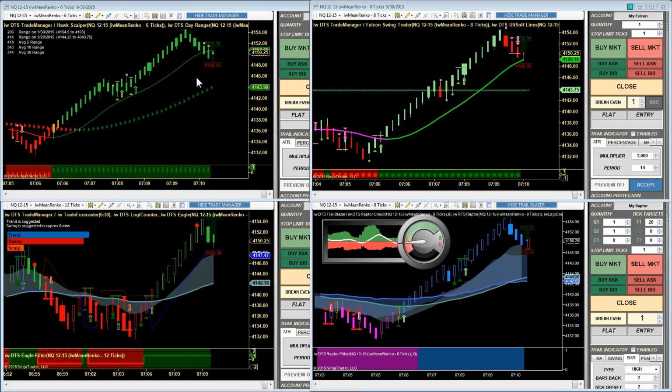We'll see if this progresses into a macro pullback. We're getting a trend line touch signal here.